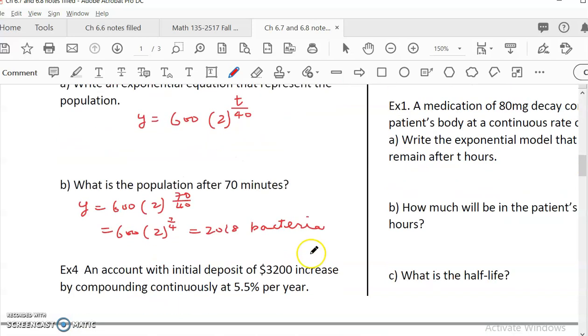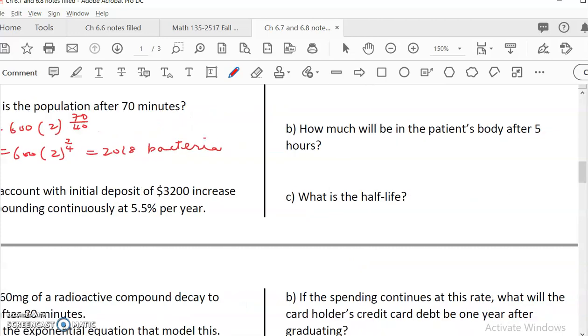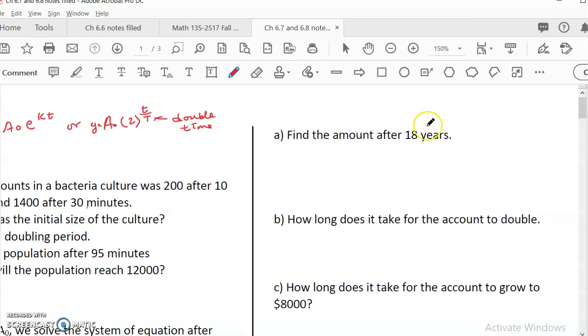Okay, so that's easier. The fourth application is, of course, that exponential growth can be used to model money growth. If you know the continuous compound interest, in this case it's 5.5%, and the initial deposit is 3,200, so this is very good. You have the initial number and you have k. The continuous rate is the number you can use to write the amount in the account.